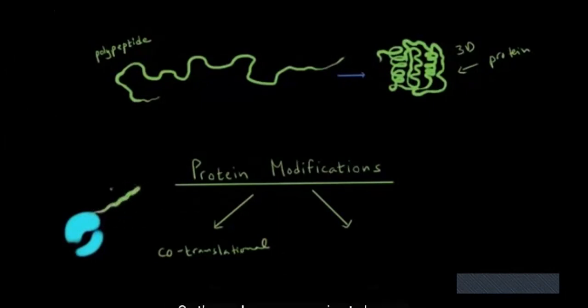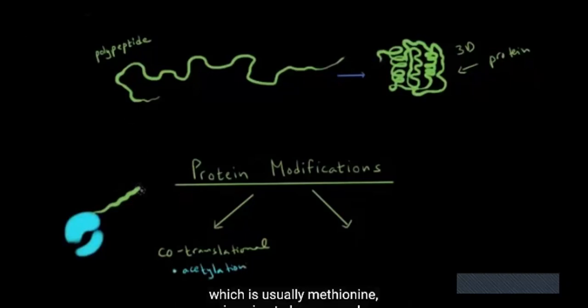These changes happen while the polypeptide is being formed. An example of a co-translational modification is acetylation. During acetylation, the first amino acid in the polypeptide, which is usually methionine, is removed, and in its place we put an acetyl group.